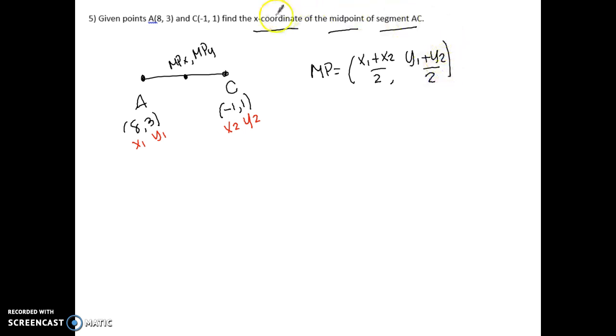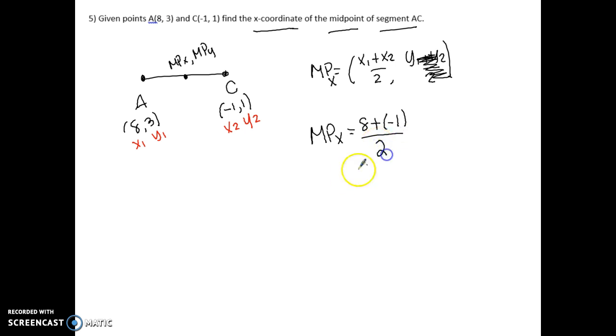However, it's only asking us for the x-coordinate, so we don't have to worry about this for that problem at all. So let's go ahead and look for the midpoint of our x. So we have MP for our x-coordinate equal x1, which we said was 8, plus our x2, which we said was -1.